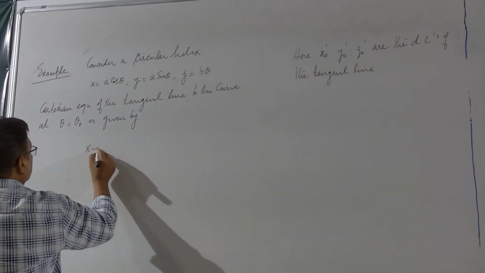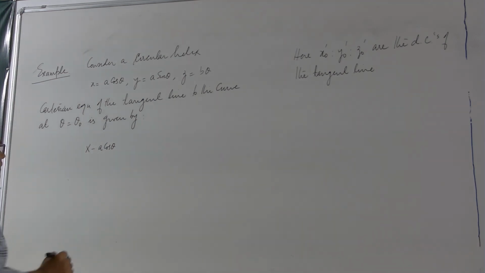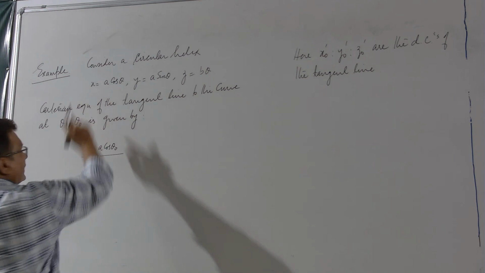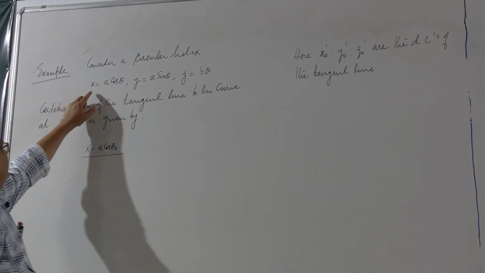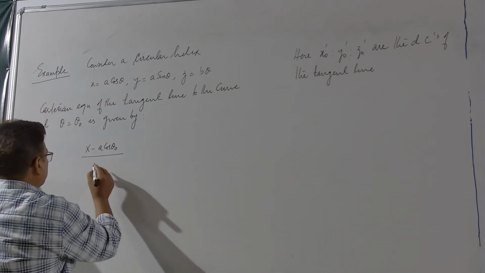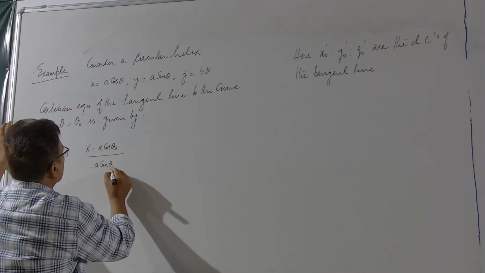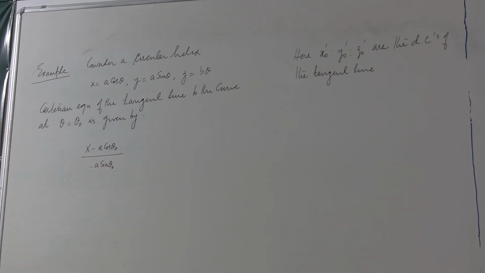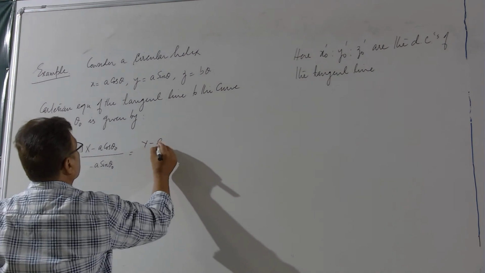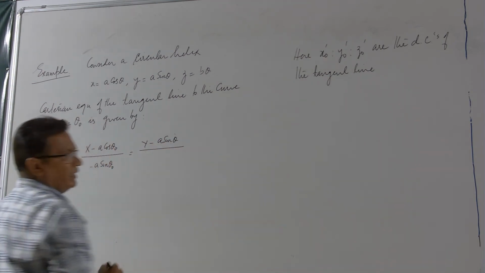So, x minus a cos theta naught, that is x minus x naught, upon the derivative of x. The derivative of x will be minus a sin theta, so that is minus a sin theta naught, equal to y minus a sin theta naught upon y dash 0.